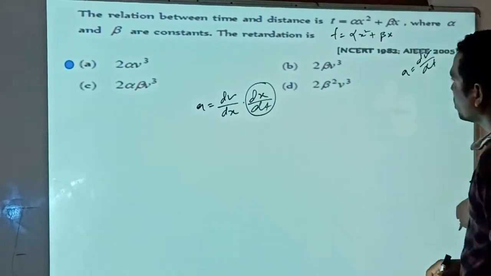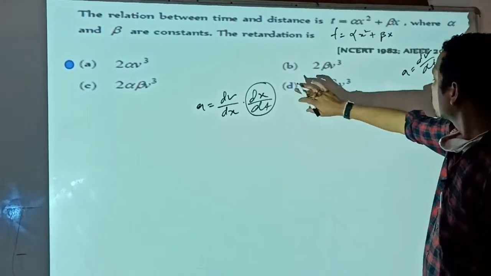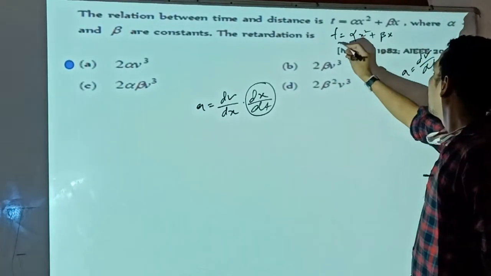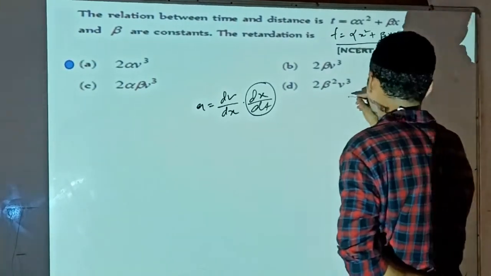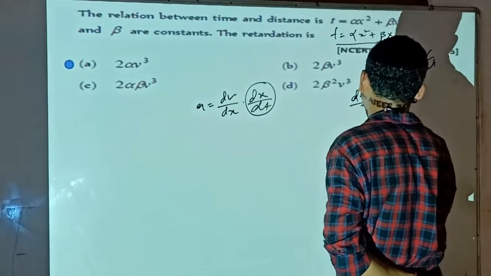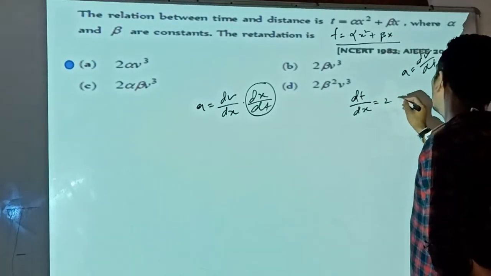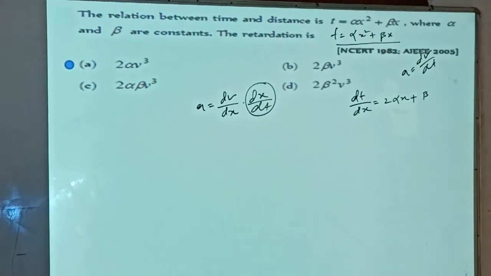If you reverse this, first find dt by dx, since a relation in terms of t has been given. If you first find dt by dx, then the value will be 2 alpha x plus beta.